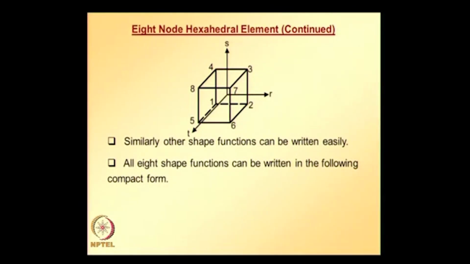And we can write all the 8 shape functions together in a compact form in this manner, where Ni is the shape function corresponding to the ith node, and Ri, Si, Ti are the nodal coordinates of that particular node in the parent element coordinate system.